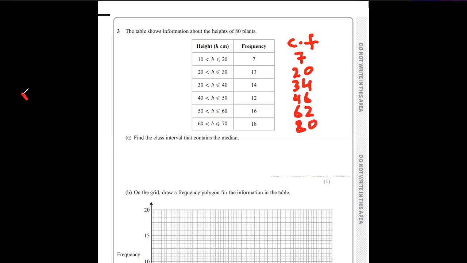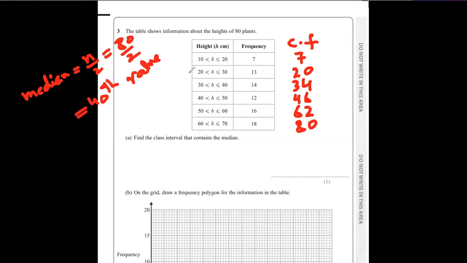And the median will be n divided by 2. So basically 80 divided by 2, which will be the 40th value, or 40th plant. Where do you think is the 40th? You think 34, 46? 46.